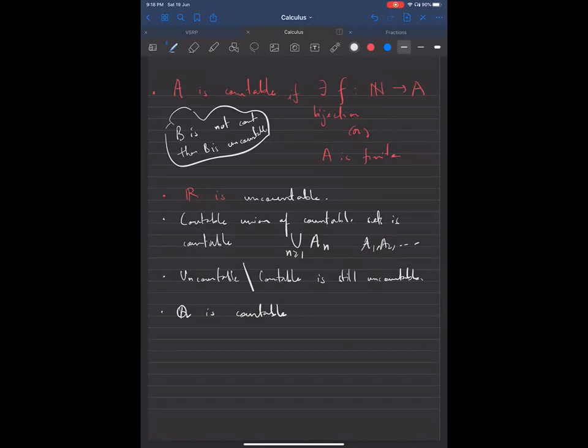All of them are countable: A1 is countable, A2 is countable, A3 is countable. Now you're taking the union of all of them, so this is a countable union of countable sets. Then the whole thing will be countable. This includes things like a finite union of countable sets or a countable union of finite sets, since all the finite things are countable.